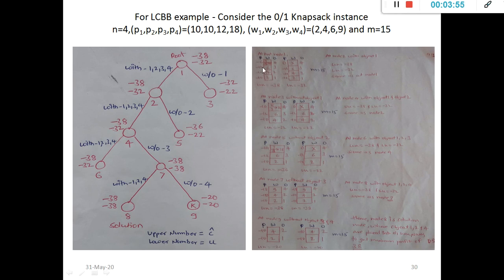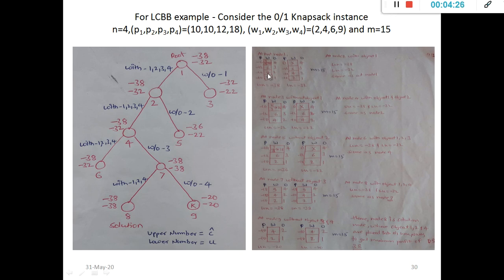At the root node 1, if you place object 1 into the knapsack, you will get the profit as minus 10, because the profit associated with object 1 is 10, and the remaining space in the knapsack is 15 minus 2.